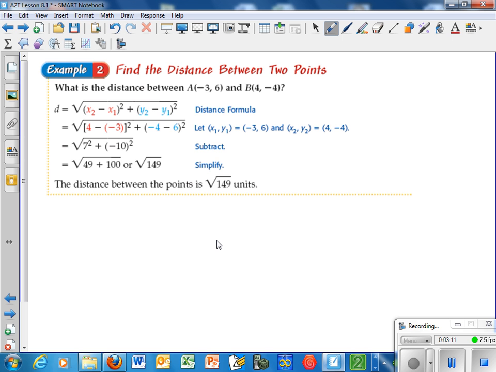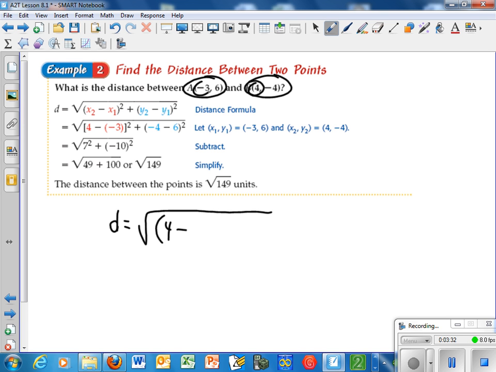So if we look here, just given 2 coordinates, -3, 6, and 4, -4. Just be careful with the negative signs. They have the work shown here, but I'll go ahead and calculate it out. So it's the square root of, we're going to take the second x coordinate, which is this value right here, inside parentheses 4.